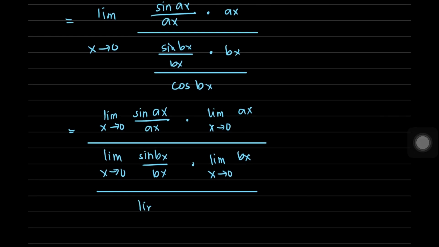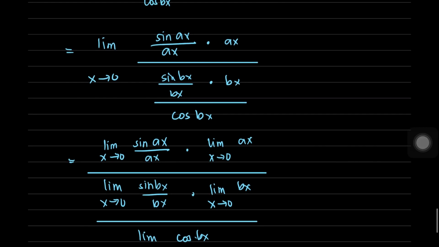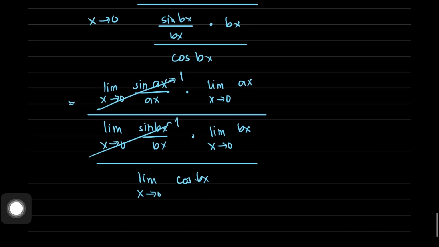That is the limit of cosine of bx as x approaches 0. Now, this is already theorem number 7. And this is also theorem number 7. So basically, this is equal to 1 and this is equal to 1.